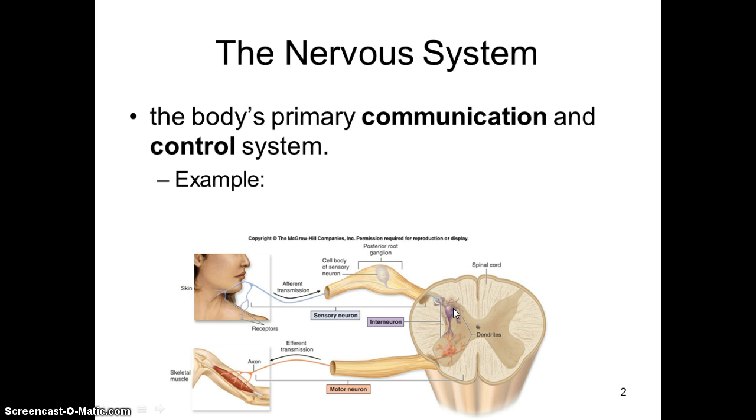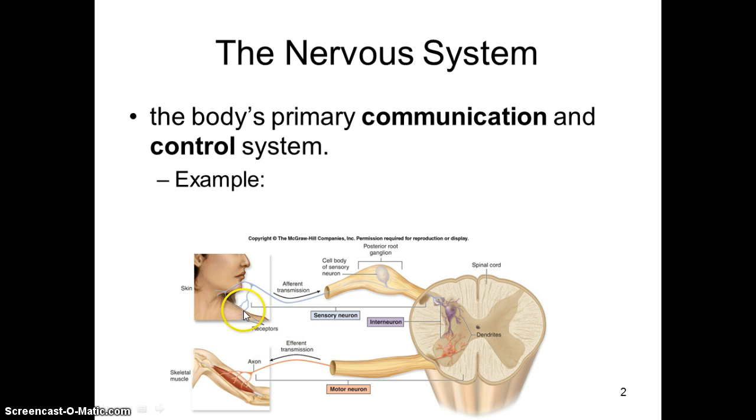The brain is where integration occurs, where the information is processed and a motor response is coordinated, and then that motor response is sent as an impulse transmitted through a motor neuron, the cell bodies of which are in the anterior horn, and the axons then enter the anterior root and eventually form part of a nerve that goes to the effector, which in this diagram is a muscle in the arm that's going to carry out the response.